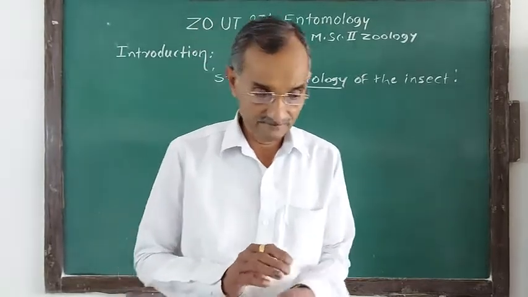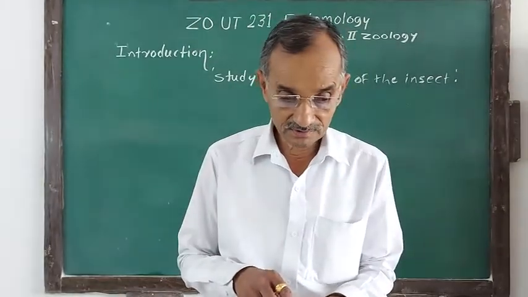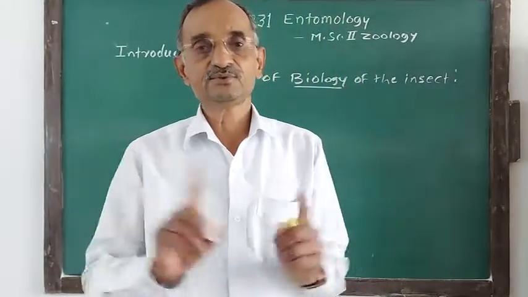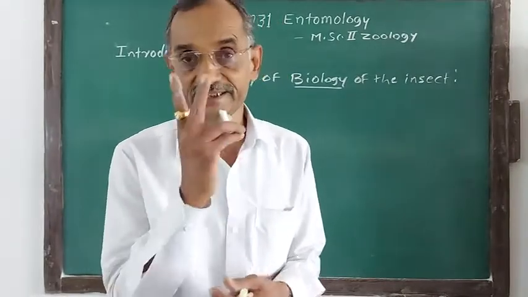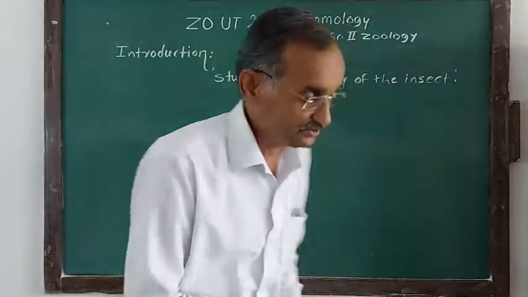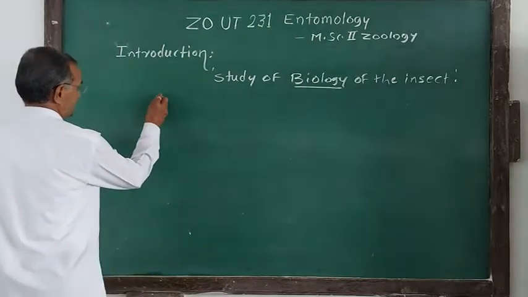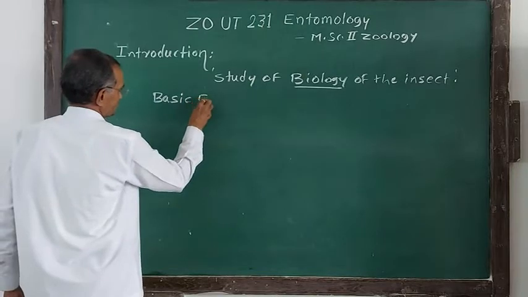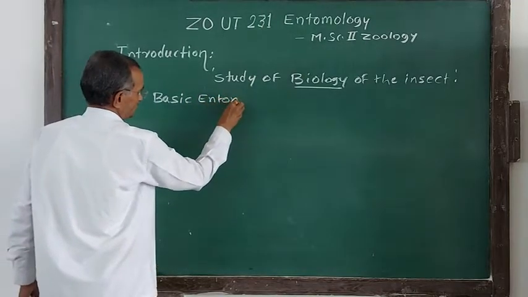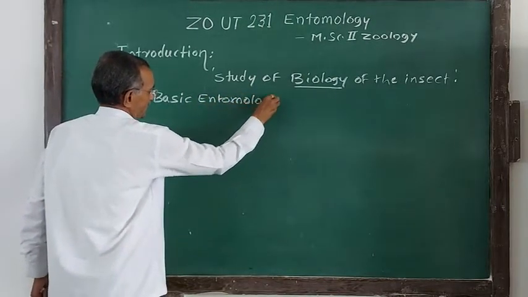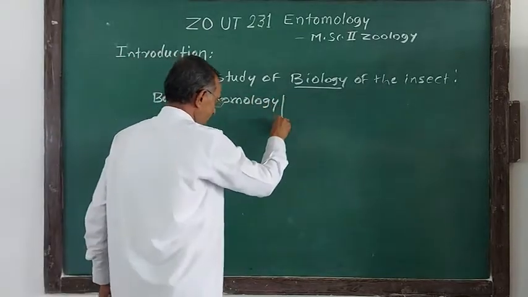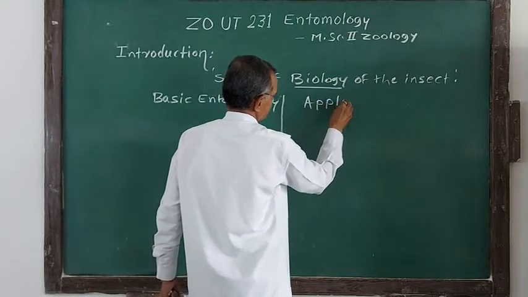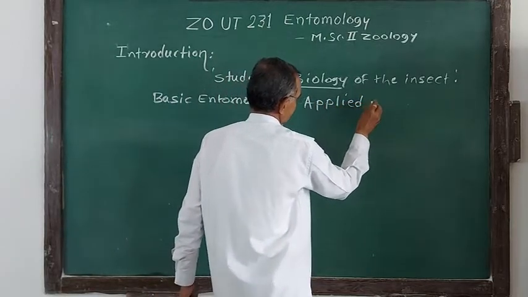Now this entomology is divided into two categories. Which are the two categories? One is basic entomology, and the second, as you know, is applied entomology.